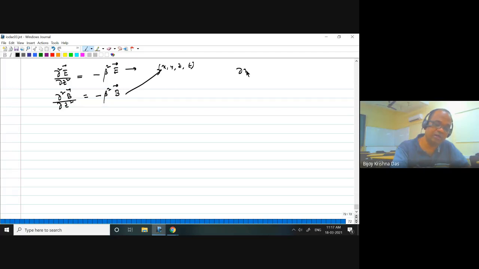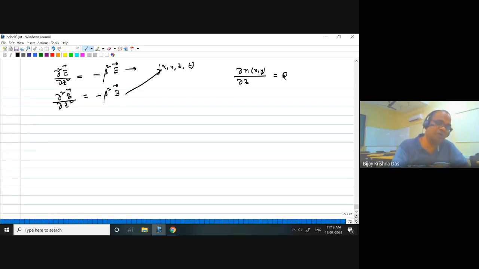Suppose I write n of xy, the refractive index profile. If I try to find del z of it, what would be the value? Partial derivative of refractive index, 0, because in the z direction it is not varying at all. So I can write this. I will be using this later on.